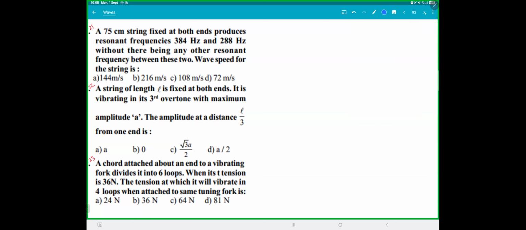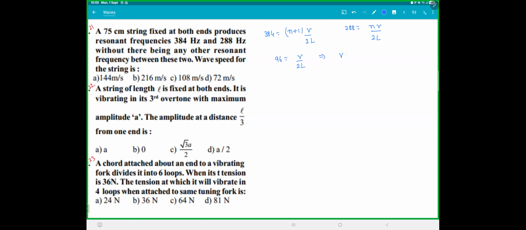But anyway, we will do it. So 384 must be n plus 1 times v by 2L, and 288 must be n v by 2L. Now we can even find n also. If you subtract them, how much is that? 96. 96 is equal to v by 2L.